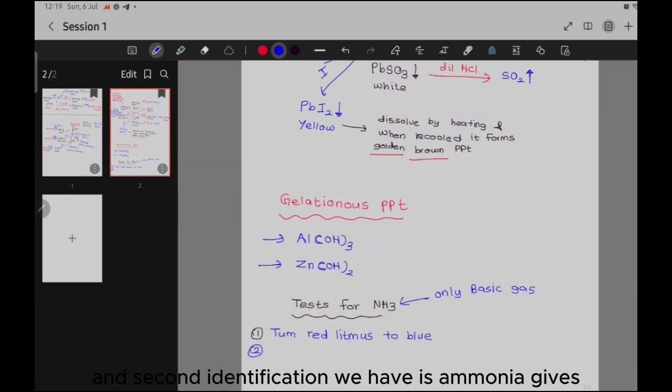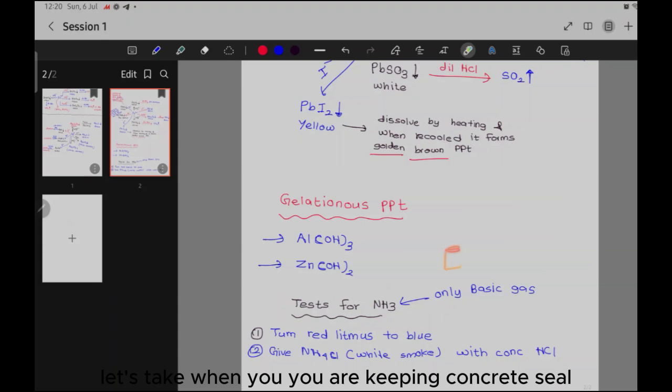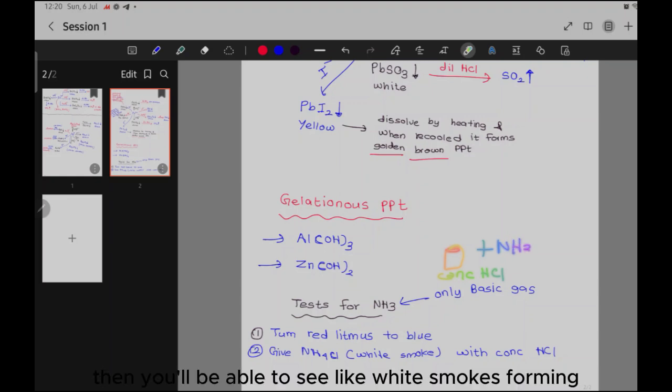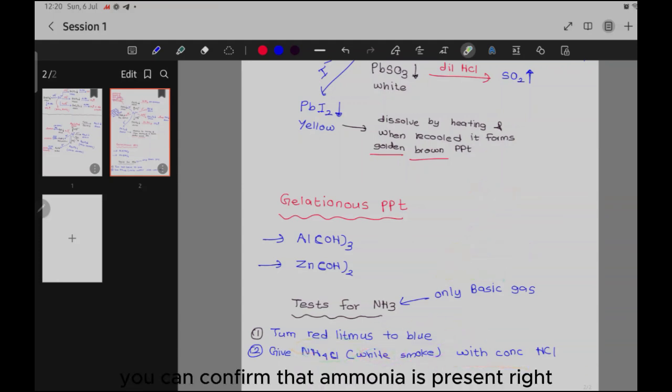The second identification: ammonia gives ammonium chloride, which is a white fume, a white smoke, with conc. HCl. When you keep conc. HCl near ammonia, you will be able to see white smoke forming. That is the ammonium chloride basically. So when white smoke is formed, you can confirm that ammonia is present.